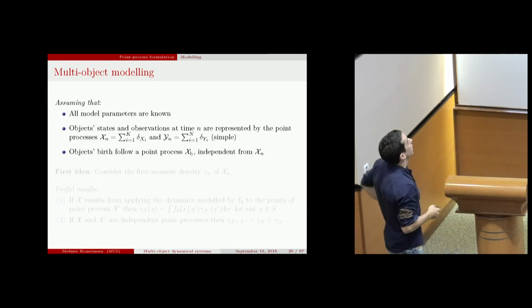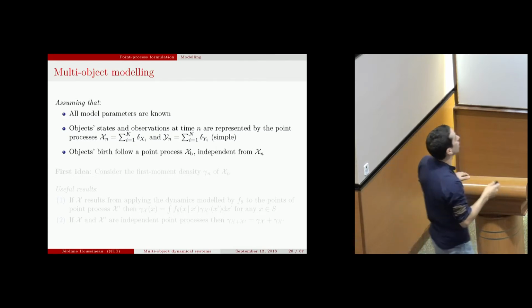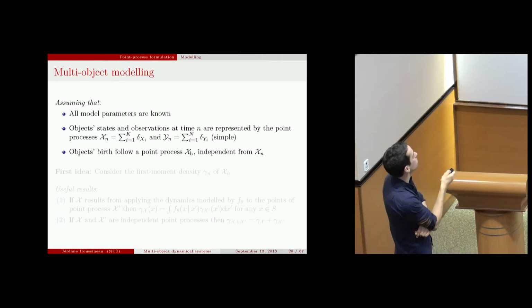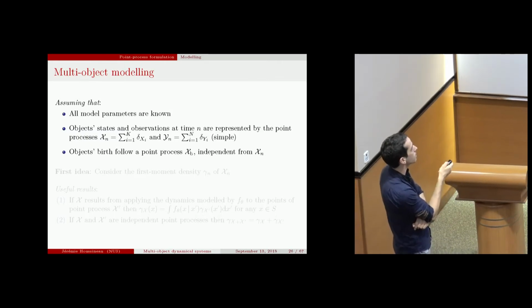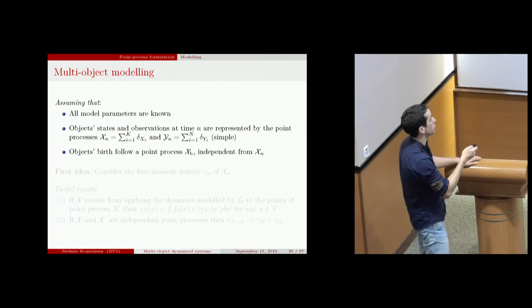So now I just assume all the parameters are known. We have some point process for the state, xn. Here, k is now a random variable. So in one realization, you have, for instance, little k objects at different positions.